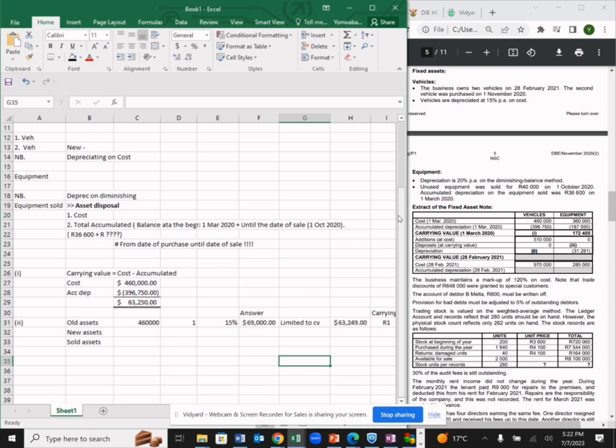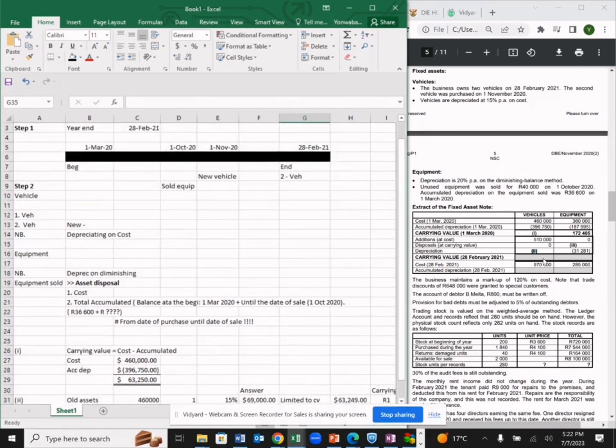New asset. Remember, there's a new asset that has been purchased in the current year on this date. That means this asset was not here from the 1st of March. So we can't calculate the depreciation for those months. We need to calculate from the date of purchase up to the year end, because we didn't sell it anytime during that period. We just purchased it up until the end.